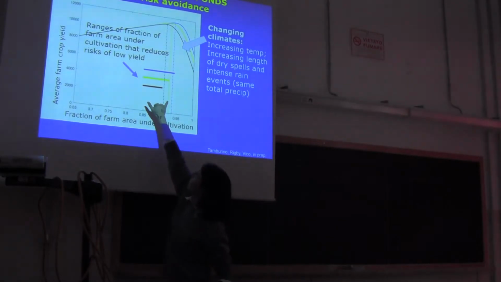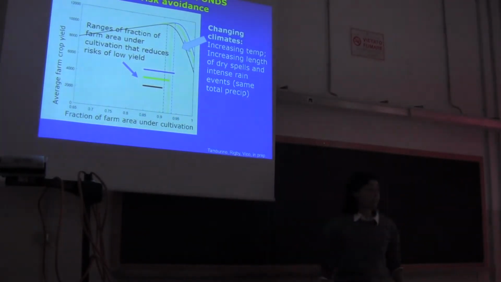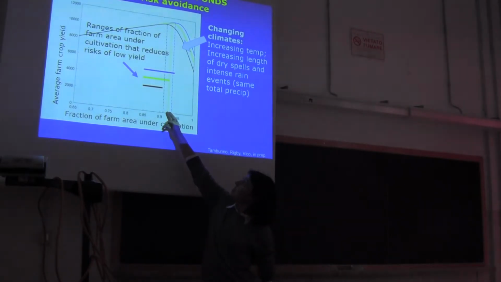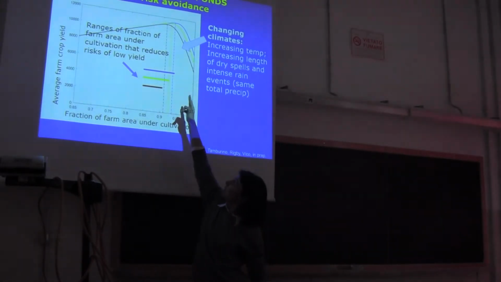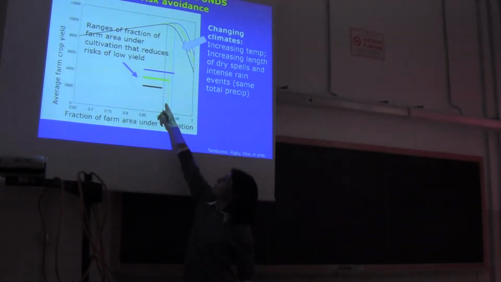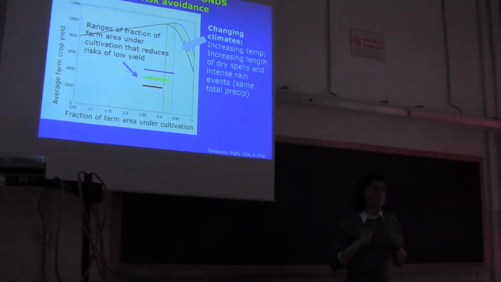And here you have the ranges of this pond size for the same climatic conditions. And the interesting thing is that, in particular with climate change, you see that the vertical line, the conditions maximizing yields, does no longer fall into the range of pond size that would minimize the risk of low yield.